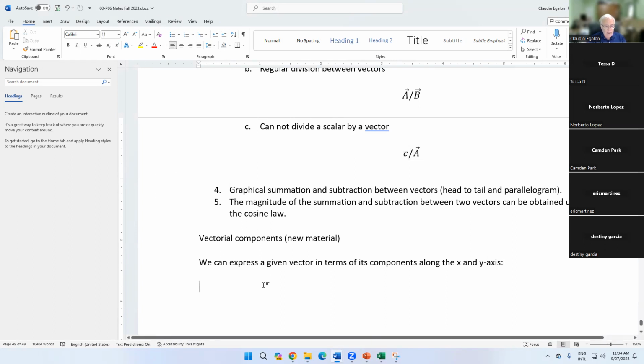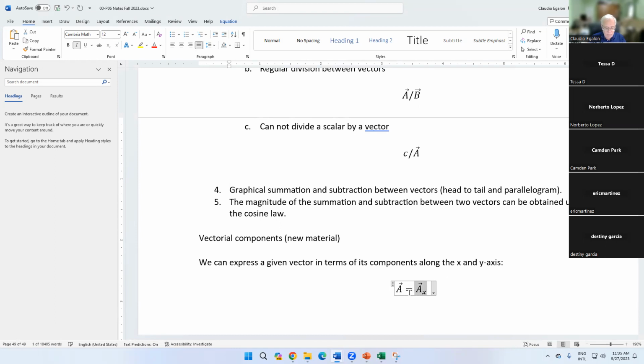So if I have my A vector, I can express that in terms of x and y axis.